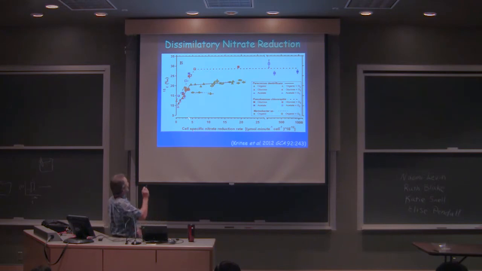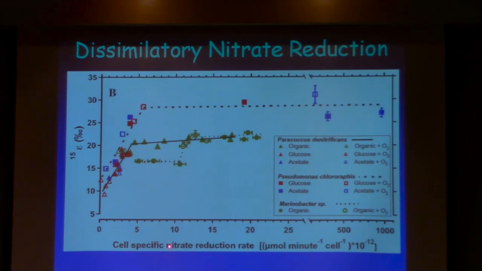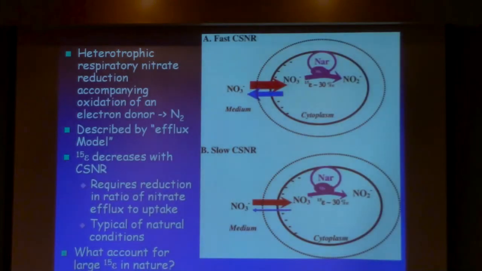What we see is an increase in fractionation with an increase in specific nitrate reduction rate, and then a plateau here. So 20 to 30 per mil, it depends on where this plateau occurs, but below this cell-specific rate, there's a change in fractionation. And again, guess what? You can understand this in terms of influx and efflux of nitrate and its control.